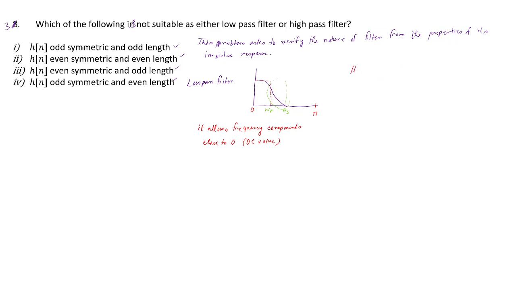On the other hand, a high pass filter is not at all concerned about the frequency components close to the DC value. It does not allow the DC or the low frequency components, and only allows the high frequency components. So intuitively its frequency response is something like that.